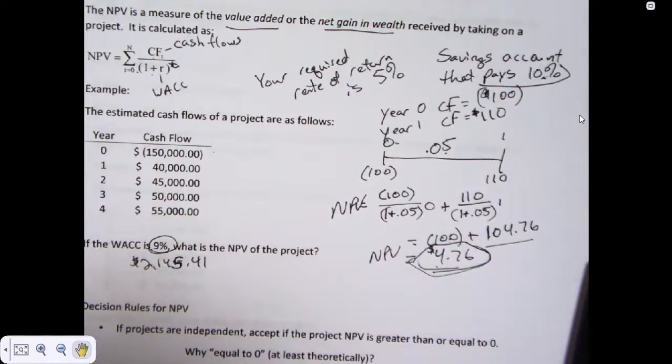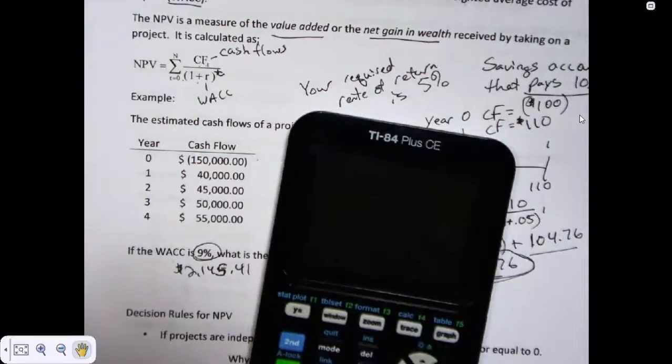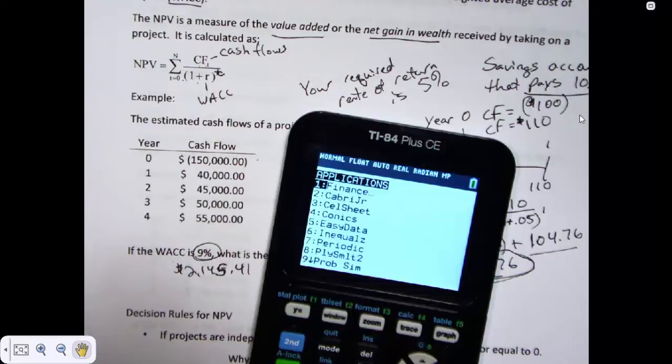Okay. And if you're using the BA2 Plus, you can skip ahead here a little bit. I'm going to show how to do this in the graphing calculator as well. So in order to get to the time value of money, financial functions in a graphing calculator like the TI-84, we press apps. Number 1 is finance. And then I'm going to scroll down here and it says NPV, so I'm going to press 7.